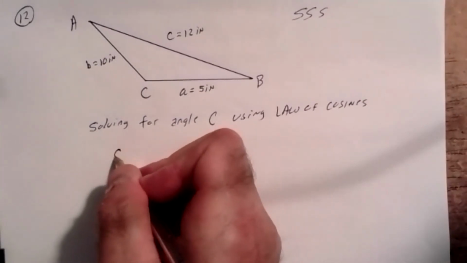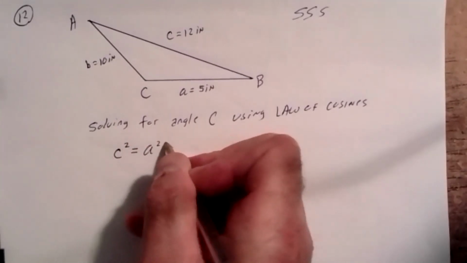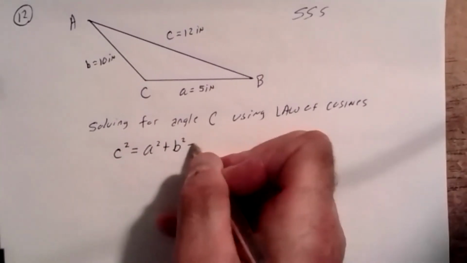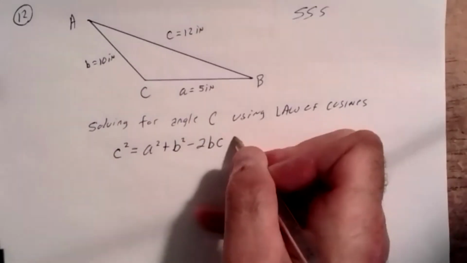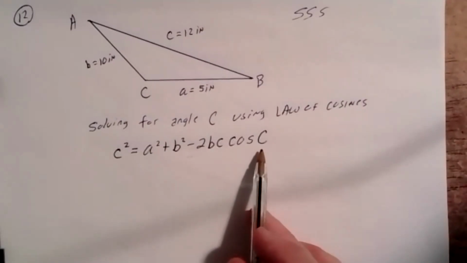We use this one. C squared is equal to A squared plus B squared minus 2 times B times C times the cosine of the angle we want to try to find, which is angle C.